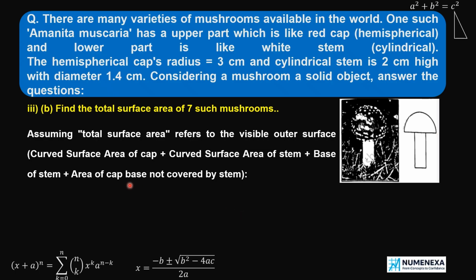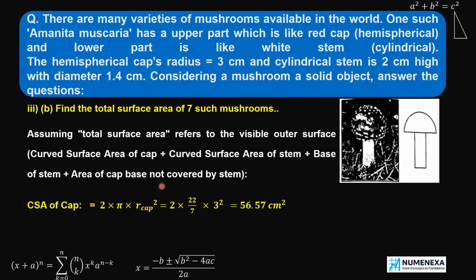So I can say the total surface area of one mushroom is actually the visible outer part, and it will be equal to the curved surface area of cap, curved surface area of the stem, plus base of the stem, this below this area, and the area of cap base not covered by stem, in this area.